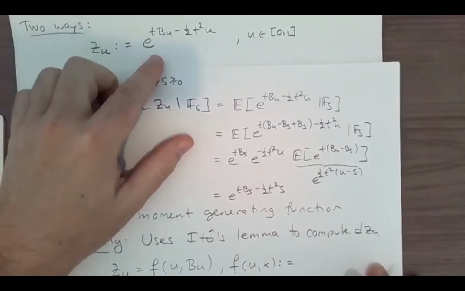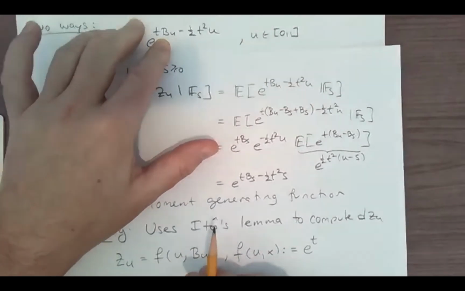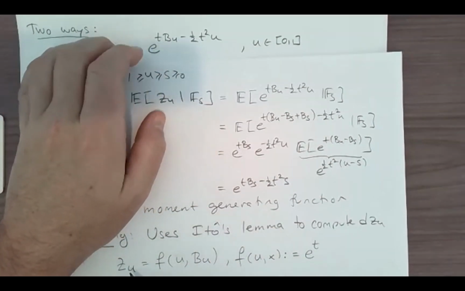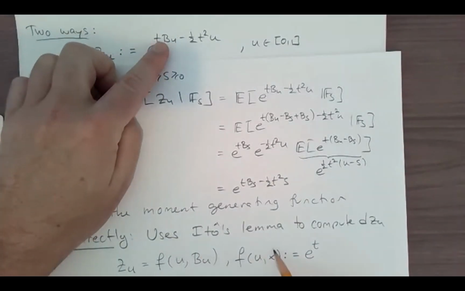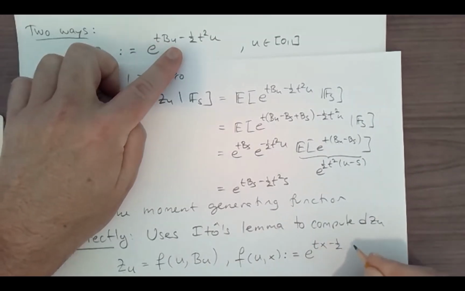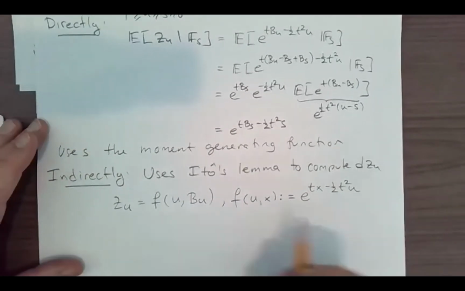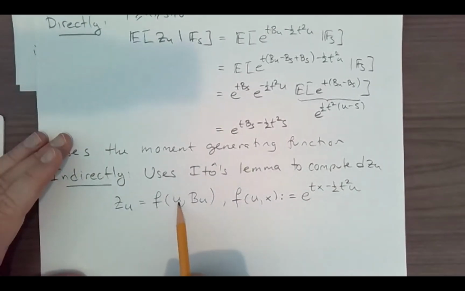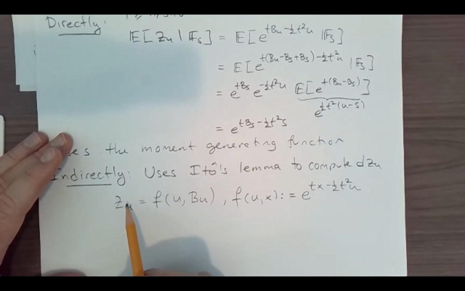Right, z is equal to e to the t b_u, so I want to write z_u as a function of u and b_u. The x here goes up there, and I have minus 1/2 t squared u. So that's my function that will take me from time and Brownian motion. I combine them using this formula, and it's going to spit out what z is.